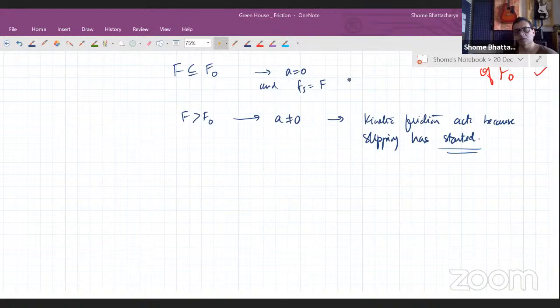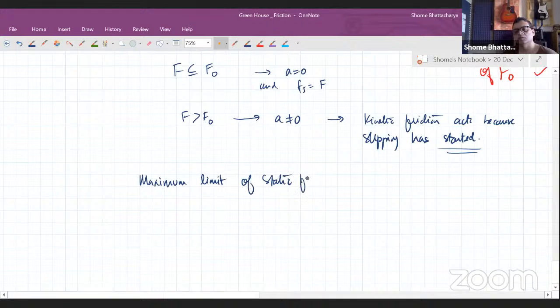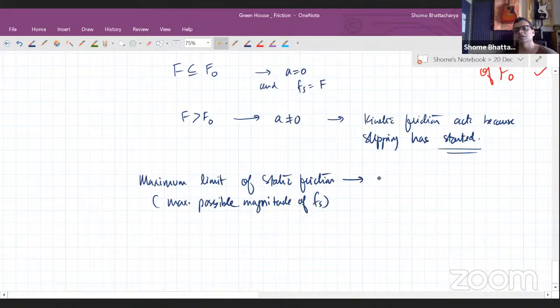So this maximum limit of static friction, or you can say this is the maximum possible value, the maximum possible magnitude of static friction, is given a special name. It is called limiting friction.